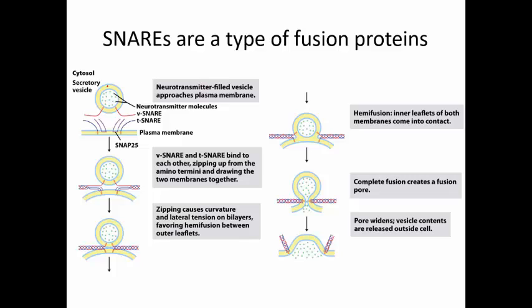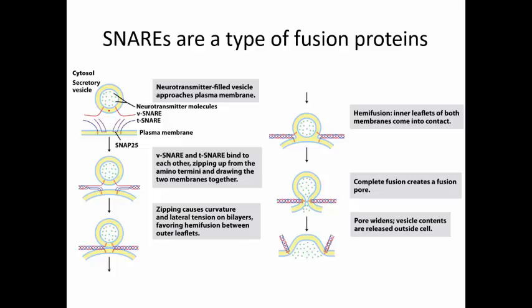So the fusion we're talking about is with the vesicle in the cytosol with the cytosolic side of the plasma membrane for an exocytosis. All right. So this is just showing you how this works, and other membrane fusions often happen in relatively similar ways, but with differently named proteins. So the proteins that are used here are called SNAREs.